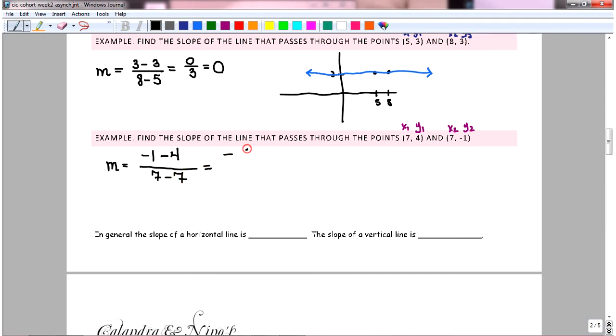So we end up with -5 divided by, well, 7 minus 7 is 0. Well, we cannot divide by 0. Dividing by 0 yields something that's undefined. So the slope of this line is undefined.